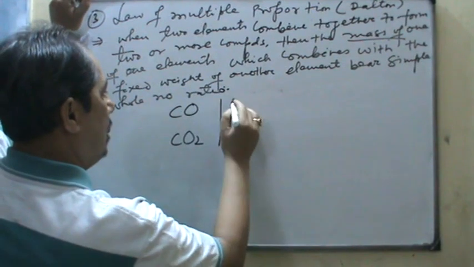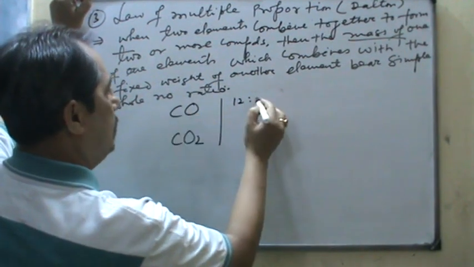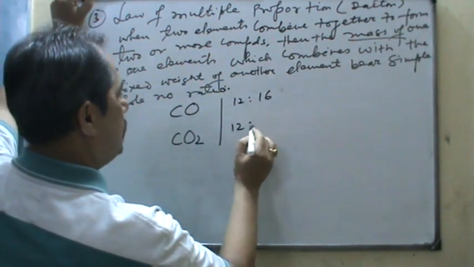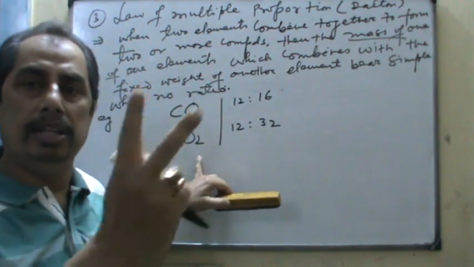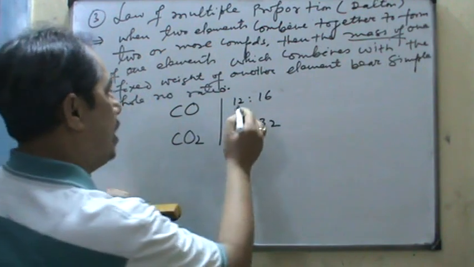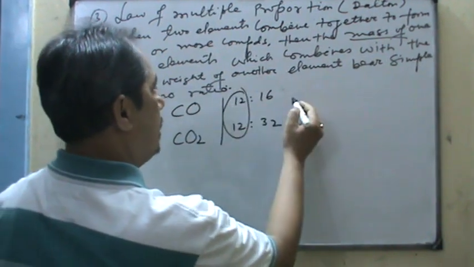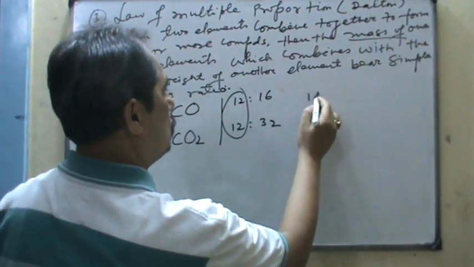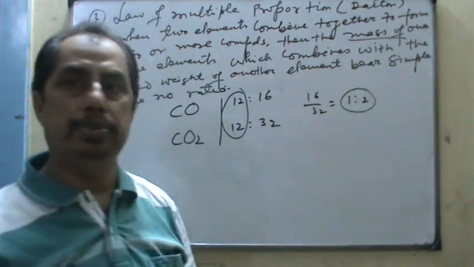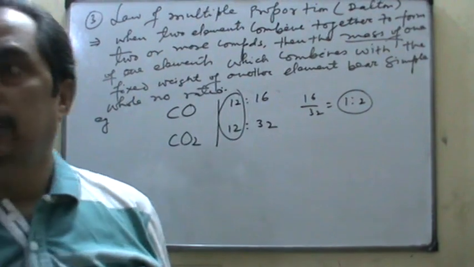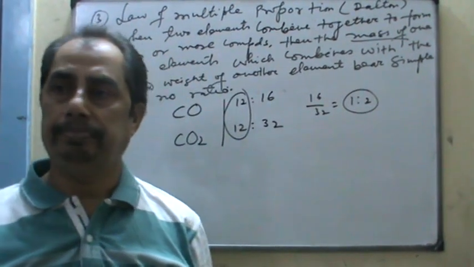Here 12 is the fixed mass of the carbon, 16 is the oxygen, and then 32, because oxygen is there two times. So 12 is constant, and the ratio of 16 to 32 is 1:2. That gives a simple ratio to each other.